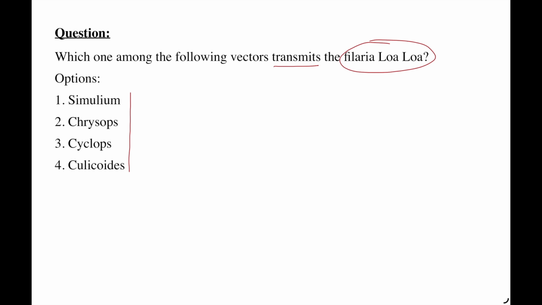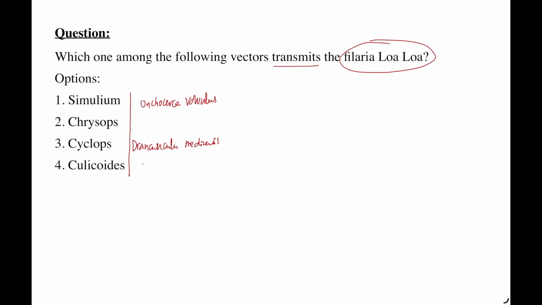Let's write down the filaria which to transmit. The vector Simulium transmits Onchocerca volvulus. These are all memory based. I can't help you with concepts here. Cyclops will transmit Dracunculus medinensis. Culicoides, not Culex, sorry.